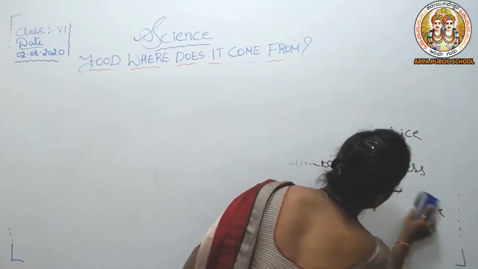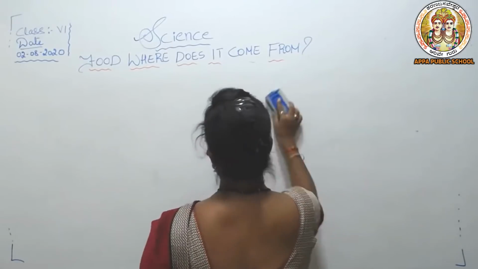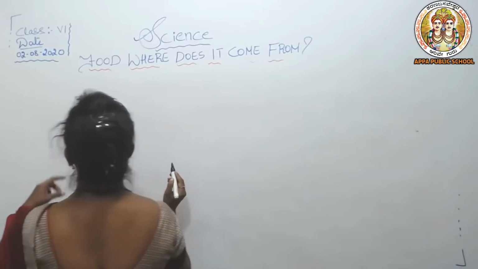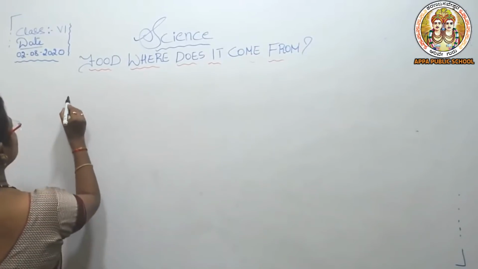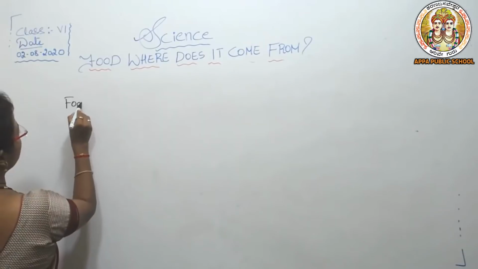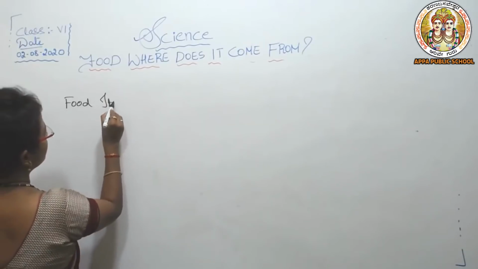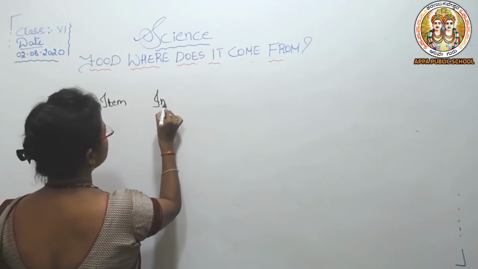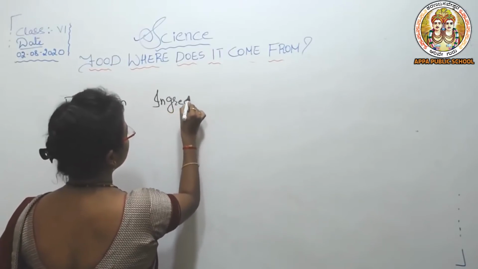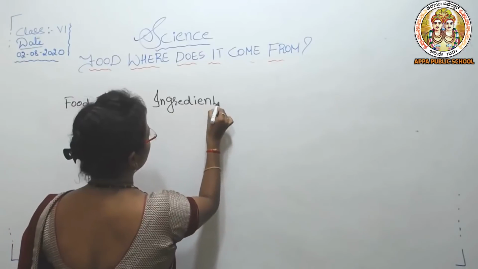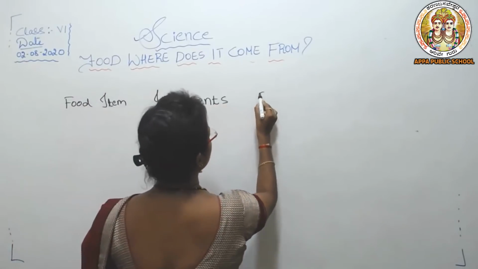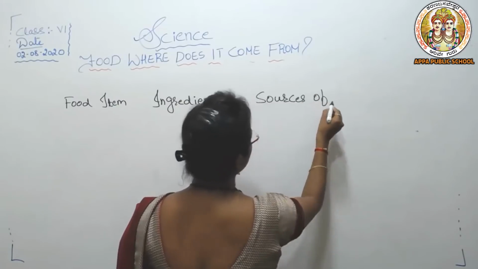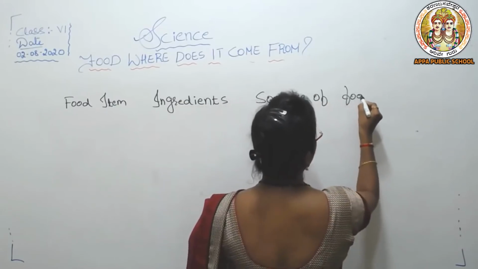One small table again we will draw so that you will come to know clearly. First I'll take food item as I took before, next ingredients, and again sources of food.